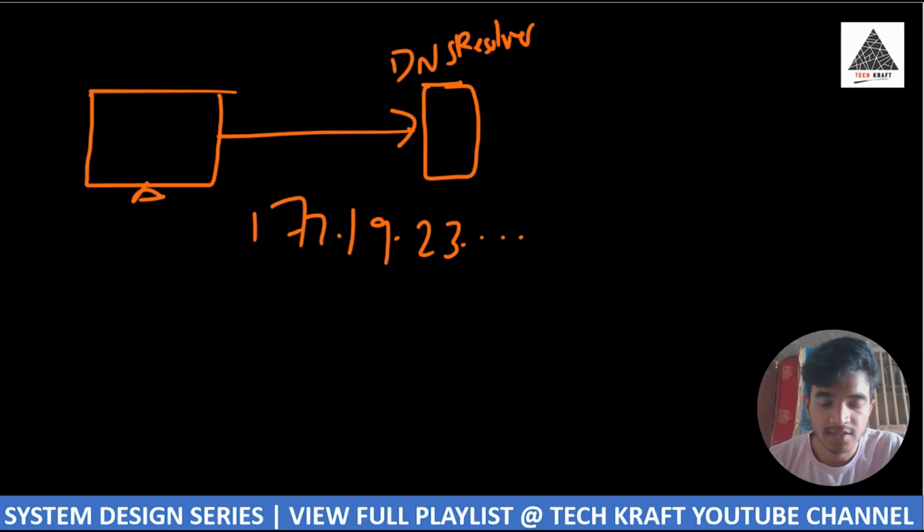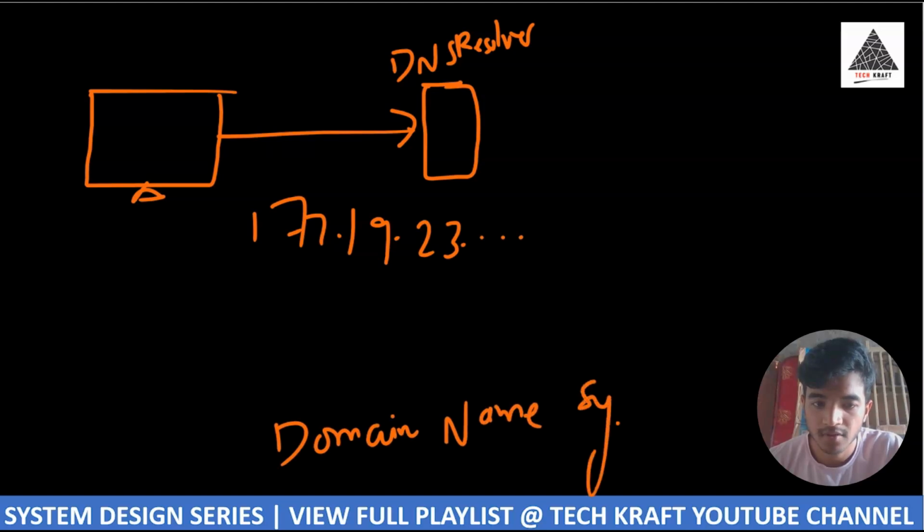What is the full form of DNS? Domain Name System. This DNS resolver first checks in its cache. What is cache? Cache is a type of temporary memory. So first it checks in the cache whether the techcraft.com server's IP address is there or not.